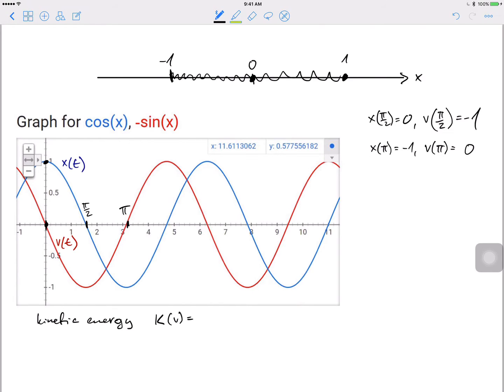In general, it would be 1/2 mv squared, but we said that the mass is 1, not to complicate things with more letters. So this is indeed really just 1/2 of v squared. That's what the kinetic energy is. Do you know what potential energy is? Potential energy is slightly trickier. I will just write it as E, as energy. Some people denote it as V or something like this.